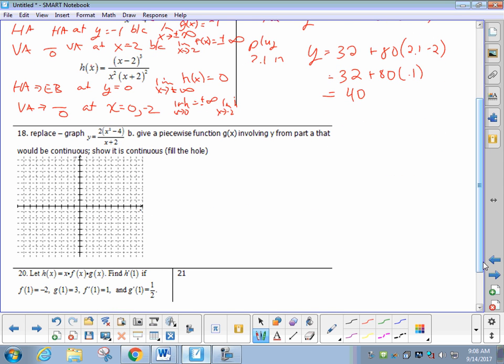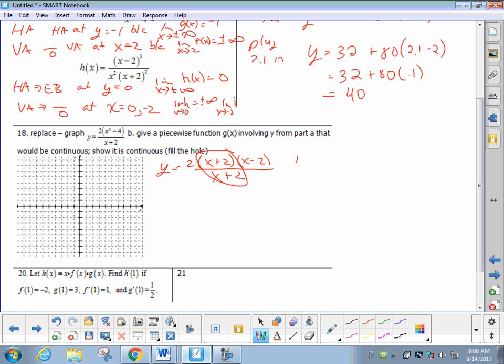All right. This one: give a piecewise function involving y, make it continuous, show it's continuous. If you were to graph this, what's the easiest way to graph this? Find the hole.